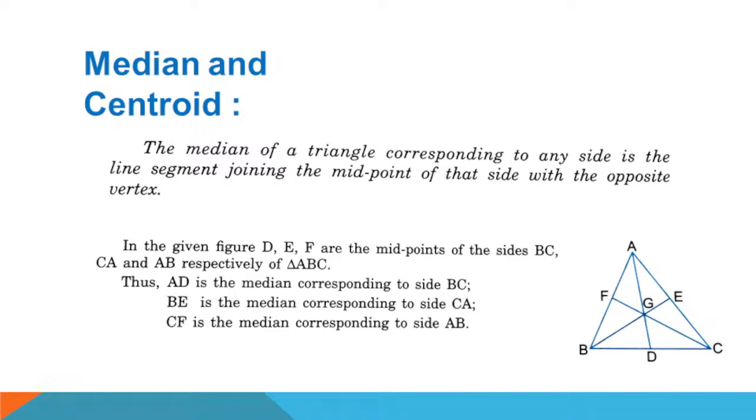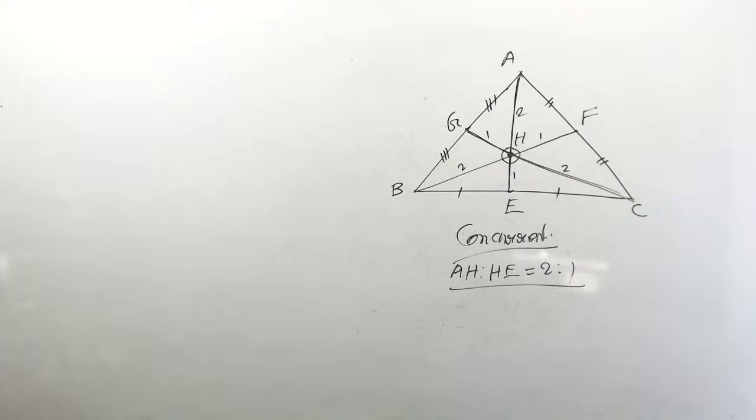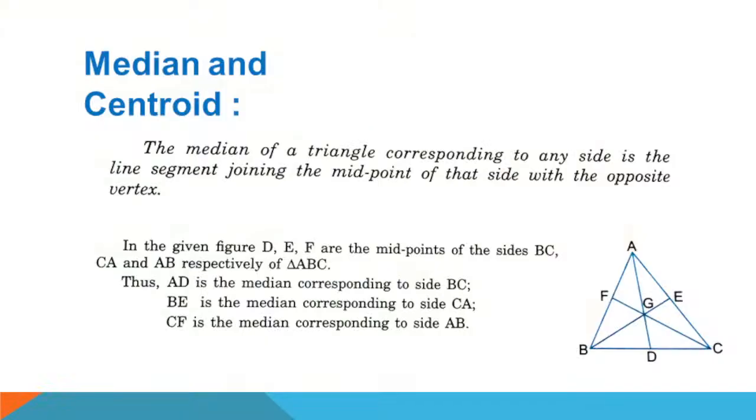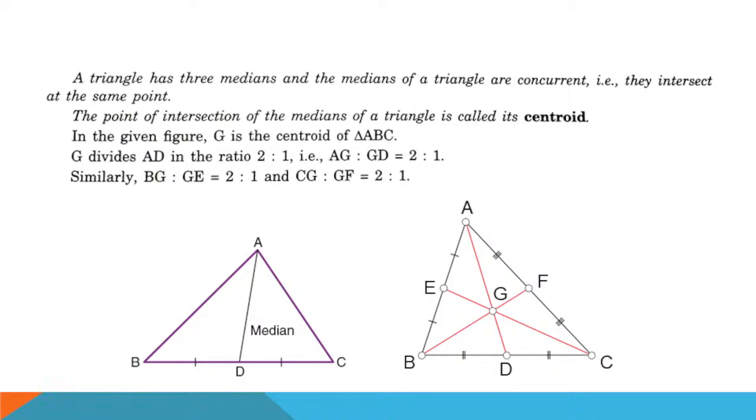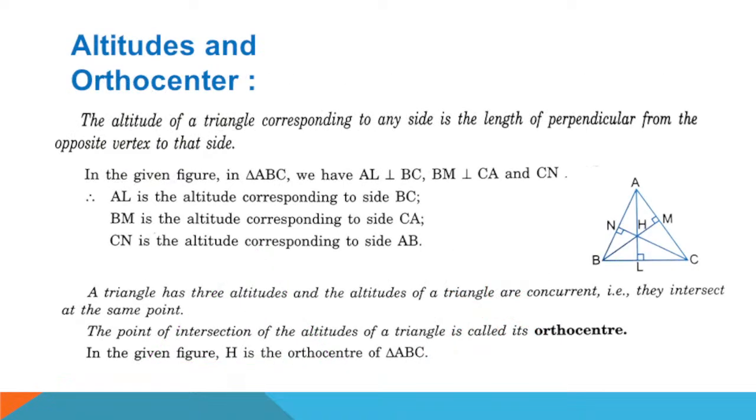Understood? What is next? Oh, it is the details of the 2:1 ratio. See. Now, what is the next one? Altitudes and orthocenter.